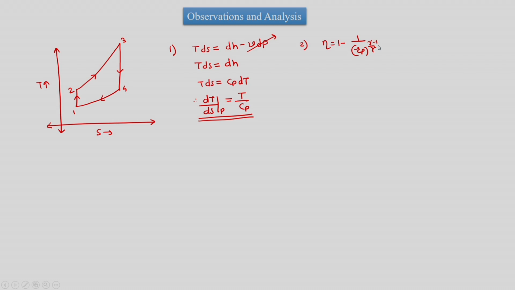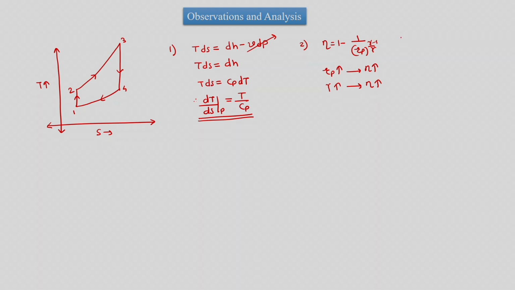Second observation, we have seen that efficiency is equal to 1 minus 1 upon Rp raised to gamma minus 1 upon gamma. Then from that it is evident that if pressure ratio increases, this leads to efficiency increase, and if gamma increases, then also efficiency increases.